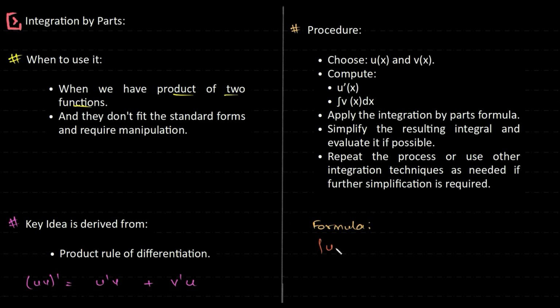So we have the integral of uv dx, which would be u times the integral of v dx, minus the integral of u prime times the integral of v dx, closing the brackets, and dx.